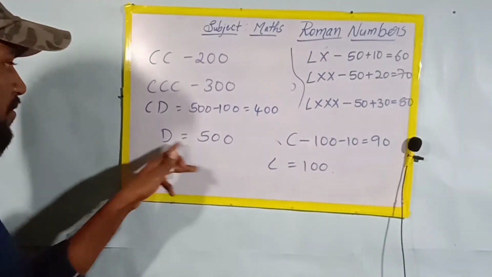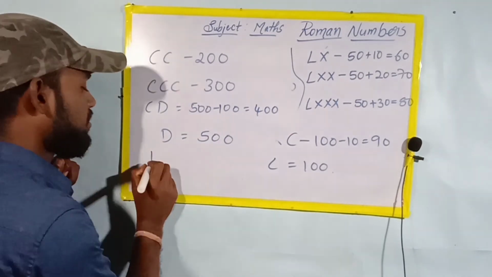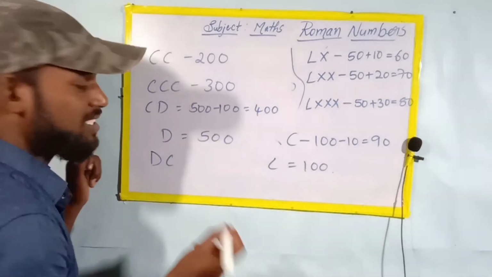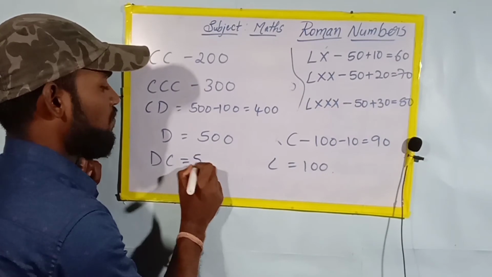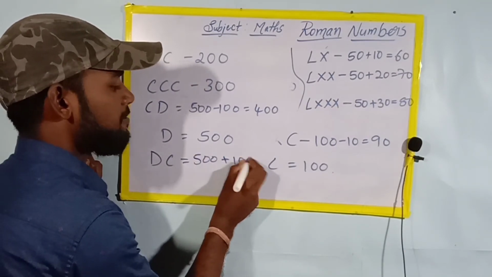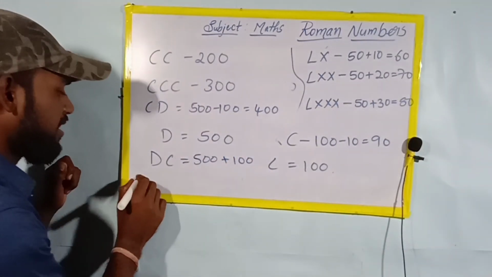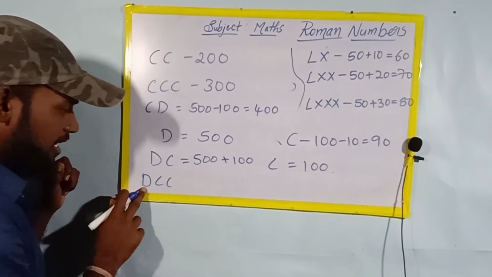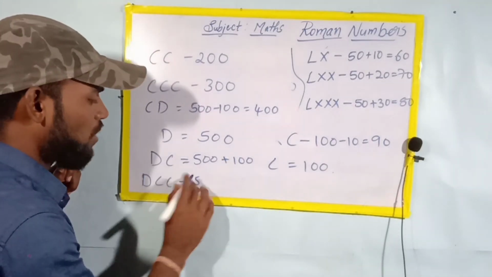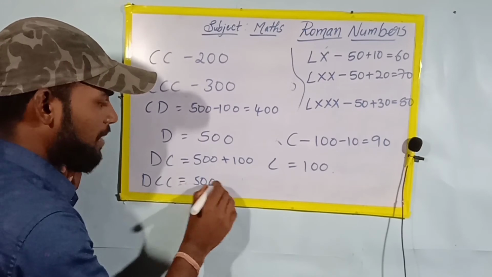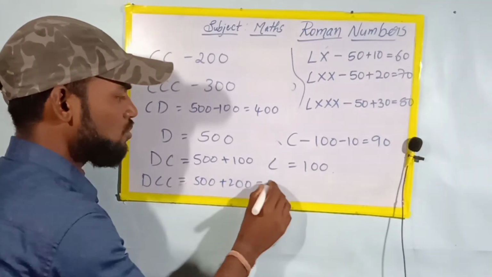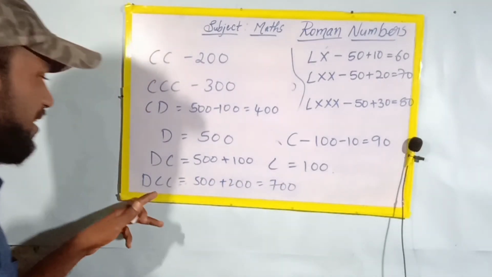Everyone completed? 500 completed. 600. 500 plus 100, 600. DC, 500 plus 100, that is equal to 600. 700. DCC, 500 plus 200, that is equal to 700. Everyone clear?